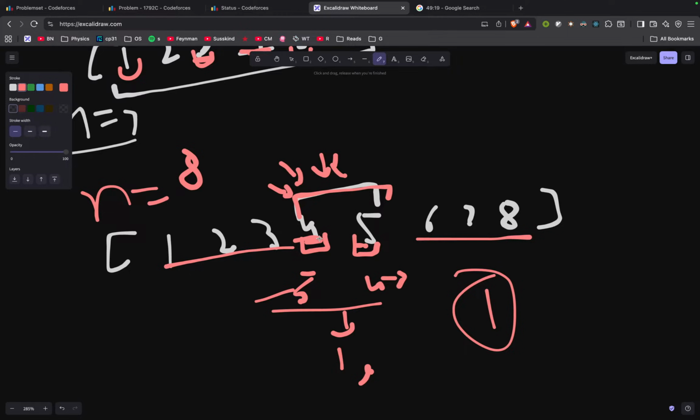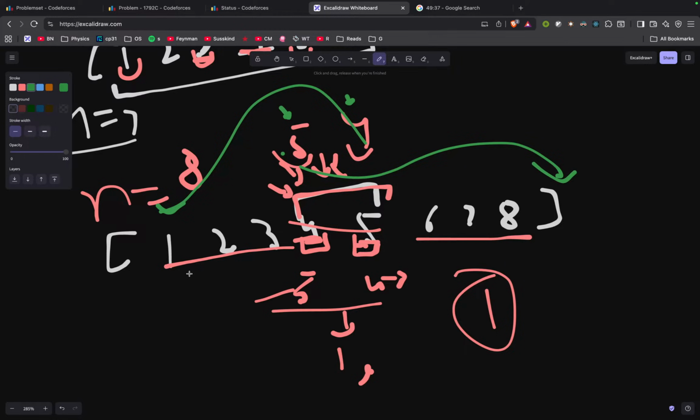Because let's say this was 5 and 4, if these two numbers were out of order, then after choosing these two numbers, we will have 4 here and 5 at the end, which disrupts the places for all of these numbers which are in the correct order right now.